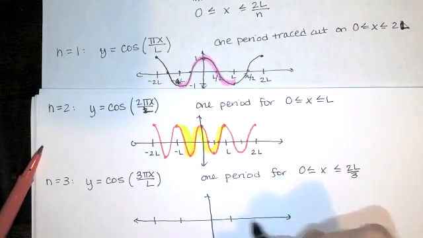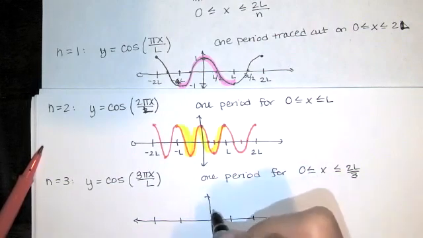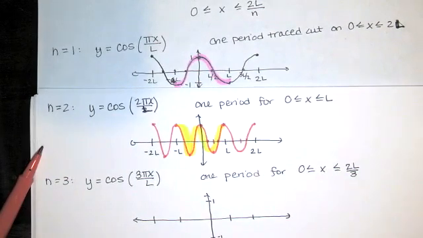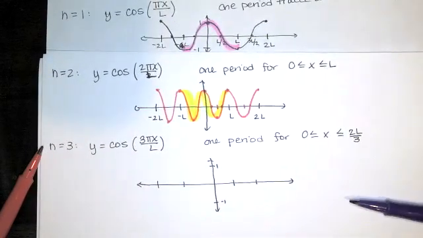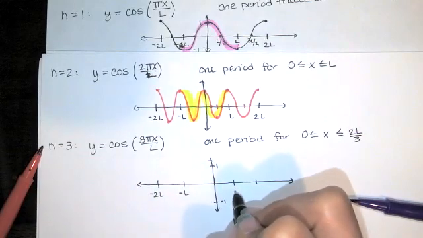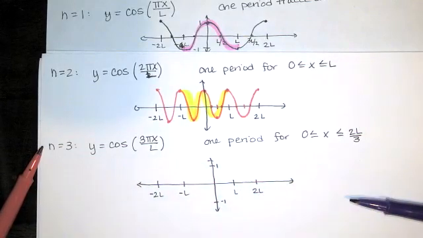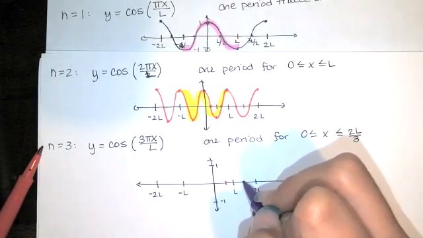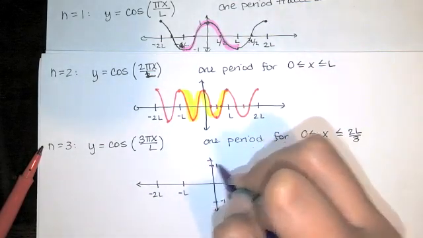I'll try to make this look a little bit better. Try to make it as even as possible, but sometimes that's hard to do. We do the best we can. I guess we could use graph paper, that would make it a little easier. But I'd want to split this into 3 intervals.